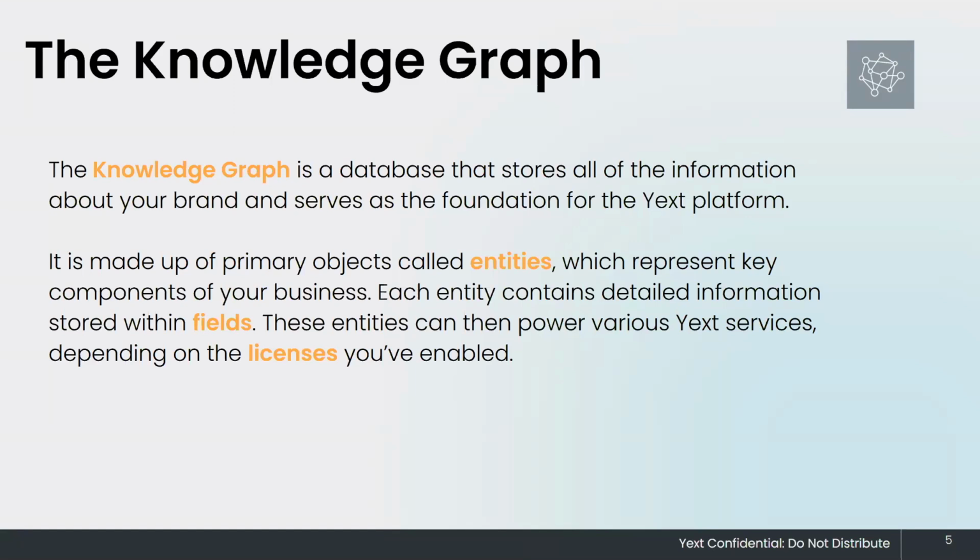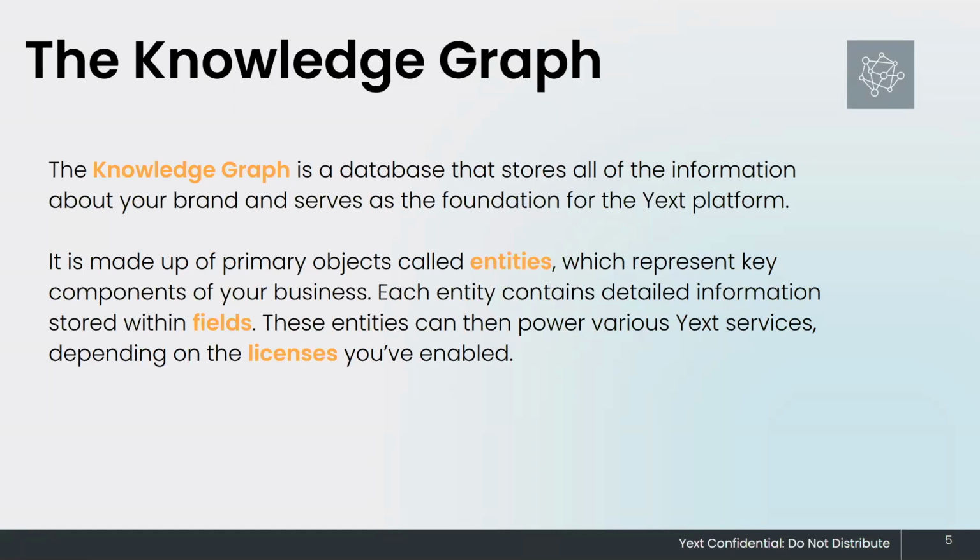And it's made up of all of these different primary data objects, which are called entities. That's Yext language here, entity. You'll see that word when you log into Yext. And these entities represent information about your specific business or your brand. Each entity contains information stored in fields, and those entities will power the information on the Yext solutions.